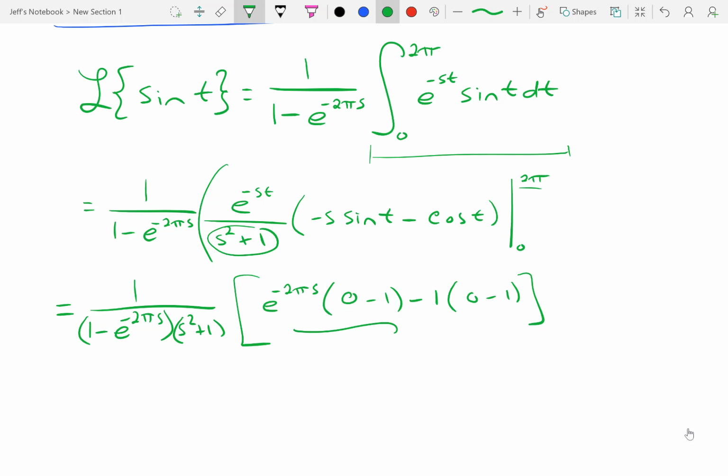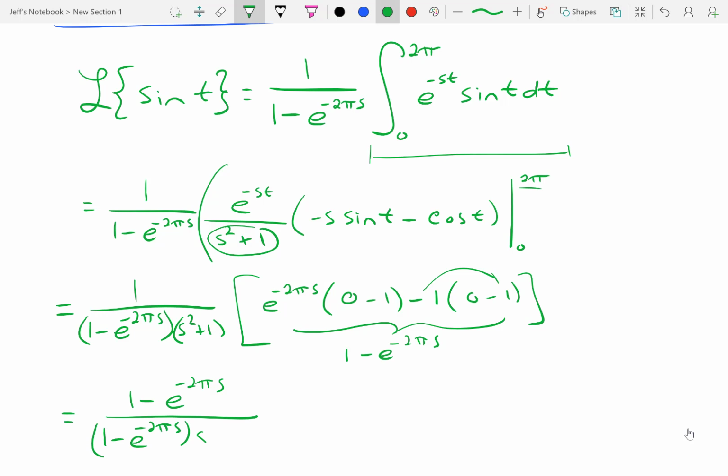And all of this in here is going to be, looks like I have positive 1 minus e to the negative 2 pi s. So all of that cleans up to 1 minus e to the negative 2 pi s divided by 1 minus e to the negative 2 pi s times s squared plus 1, and those two things cancel, and I end up with 1 over s squared plus 1.